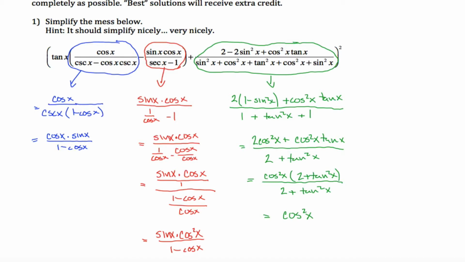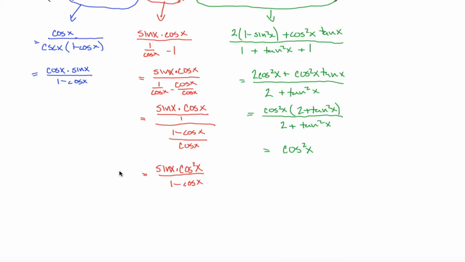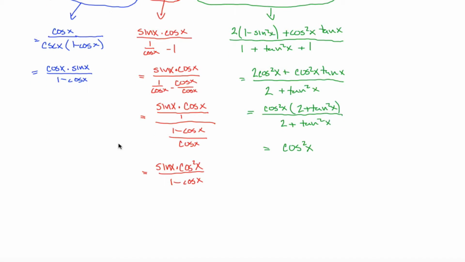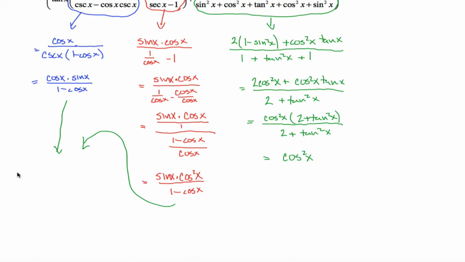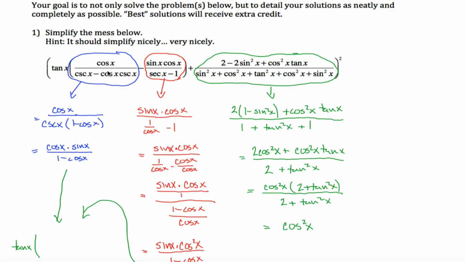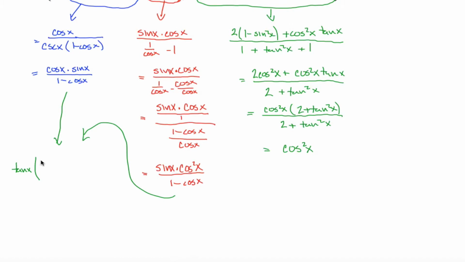What I'm now going to do, in green I guess, is take these guys and put them together. So I'm going to take this, and I'm going to take this. And what I'm going to say is that I have tangent of x, so don't forget about that guy, times, and then in blue, I got cosine of x times sine of x over 1 minus cosine of x.